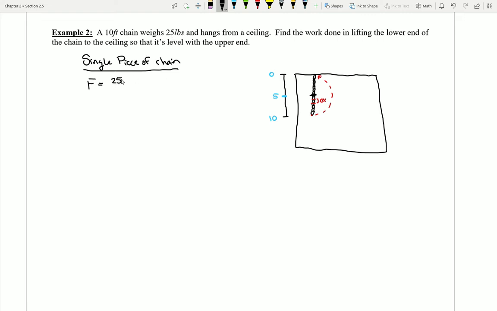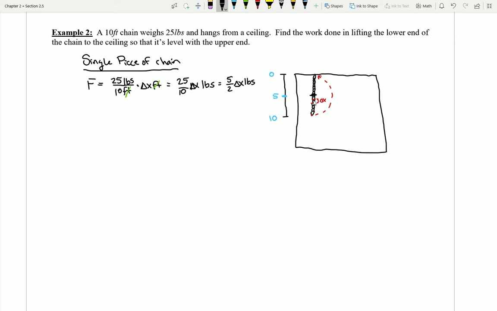Well, if this weighs 25 pounds per 10 feet, and I know that my piece is delta x feet long, then by following the units, I can easily see that I'm going to be left with 25 over 10 delta x pounds. That's how much that piece of cable weighs. Now, of course, I can simplify that a little bit, right? If I divide both top and bottom by 5, I get 5/2 delta x pounds.